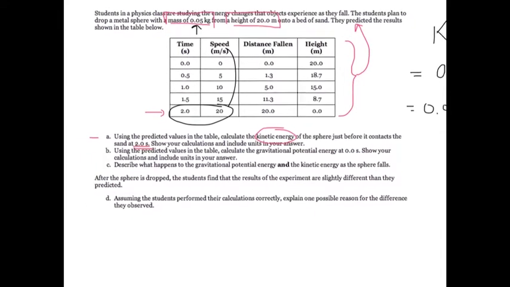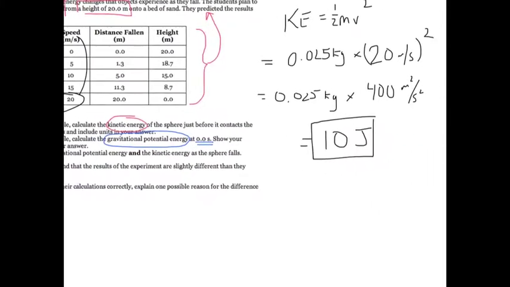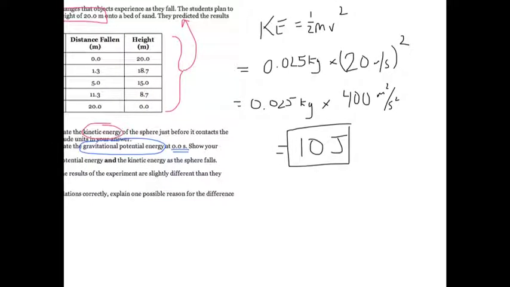All right, B, using the predicted values, let's calculate the gravitational potential energy at 0 seconds. So here, we need to get gravitational potential energy. Remember that gravitational potential energy, PE, is mass times gravity times height.